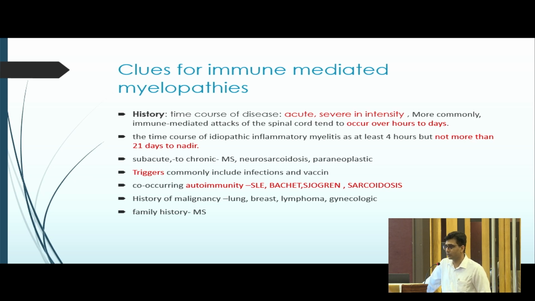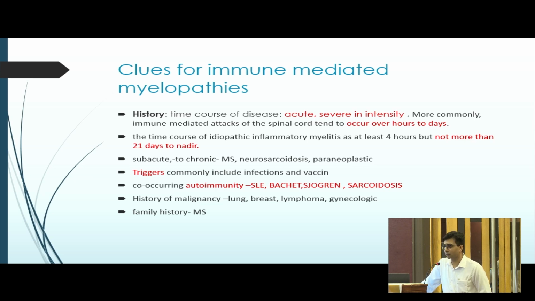So in case of immune mediated myelopathy, history is important, like the time course of the disease. Generally, demyelinating disease presents acutely, severe in intensity. Generally, the nadir of the disease will be reached within 21 days, but more than 4 hours after onset. If it is within 4 hours, vascular myelopathy will be suspected.